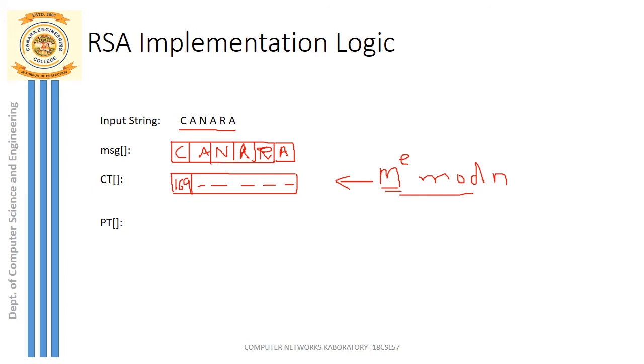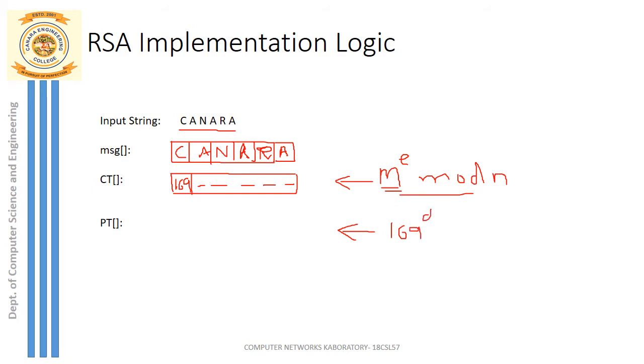Once we have this ciphertext, we take each index value, that is the content of this array, as an input for the next formula, which converts the ciphertext into plain text. That means we take 169 as the ciphertext to the power d mod n.